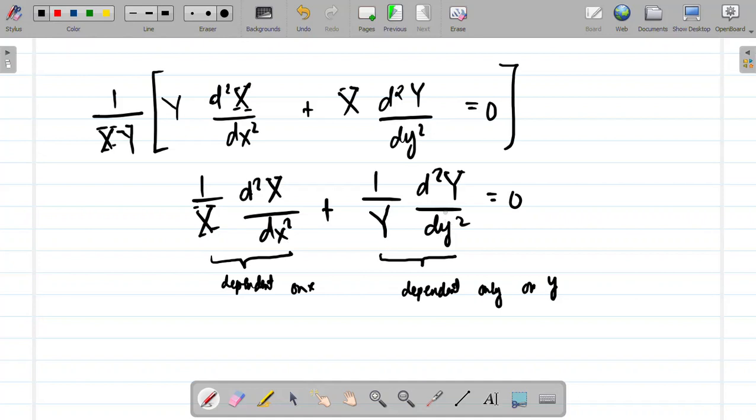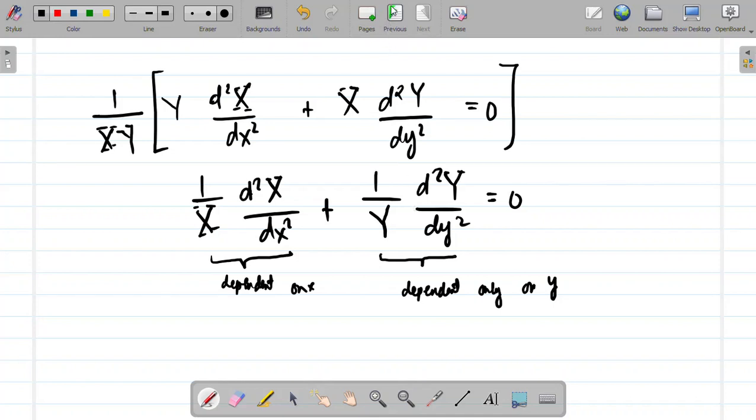Pero, the sum is always 0. So class, para ma-satisfy itong equation na to, ang kailangan is, this one is a constant, and this one is also a constant. Okay, class? Kasi varying to, supposedly varying to. Ito din varying. So, dapat yung right-hand side varying din, di ba? Pero hindi, 0 yung right-hand side. So, mangyayari lang to kapag constant tong dalawa.